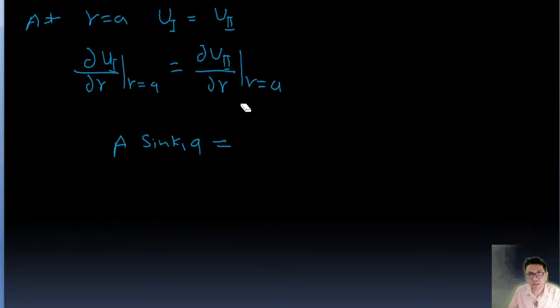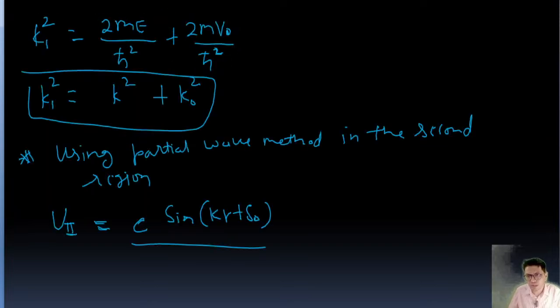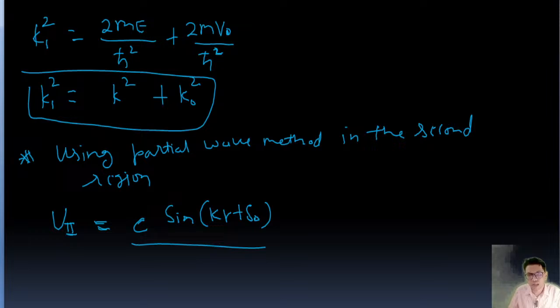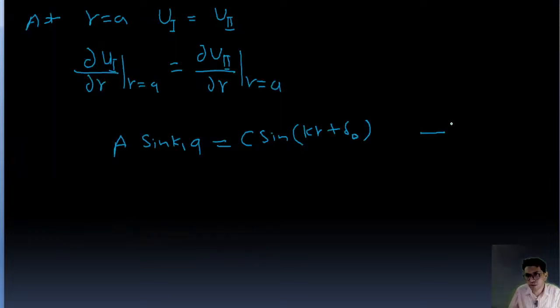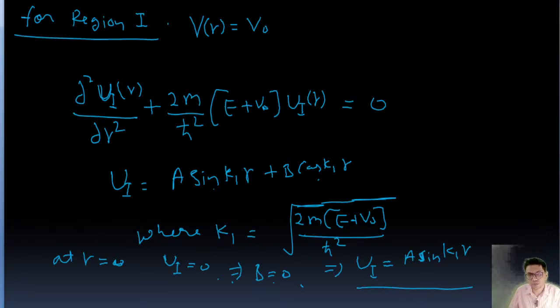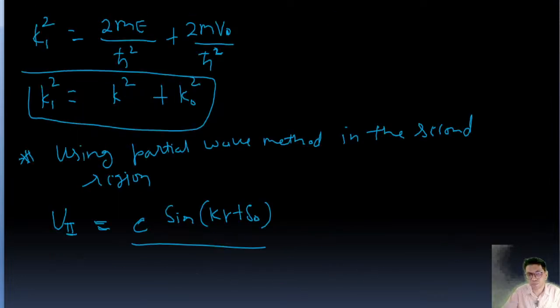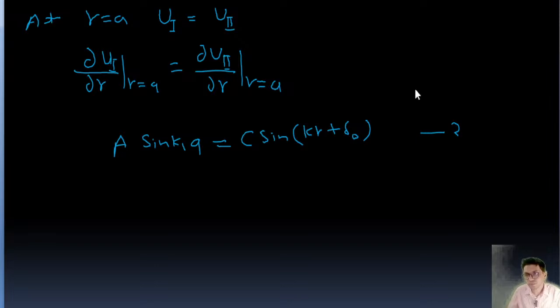So c sine(kr + delta naught). How many equations do we have? 2, right? So this is equation number third.